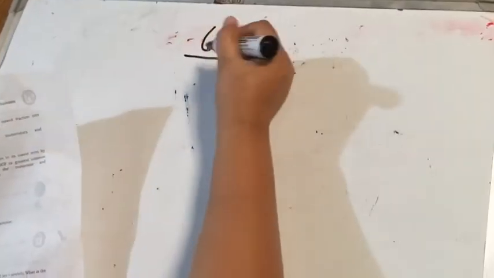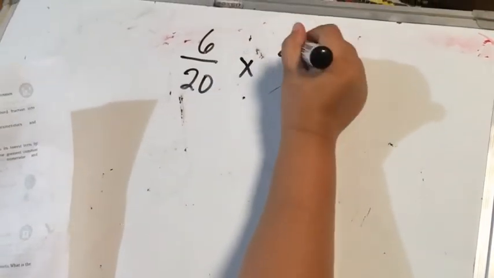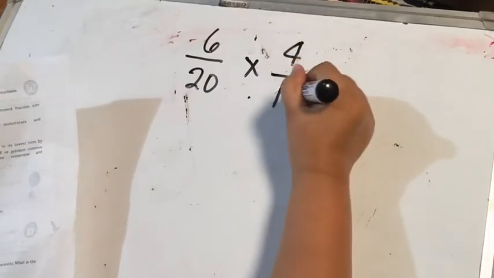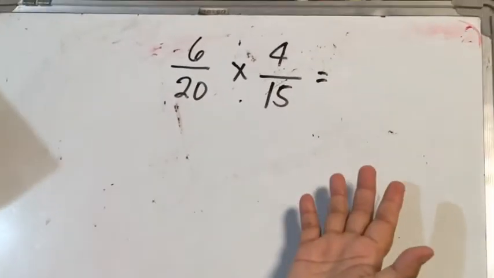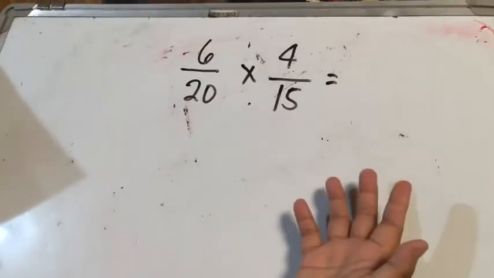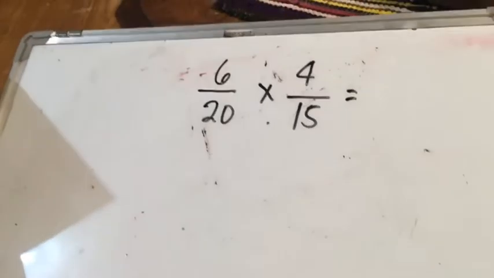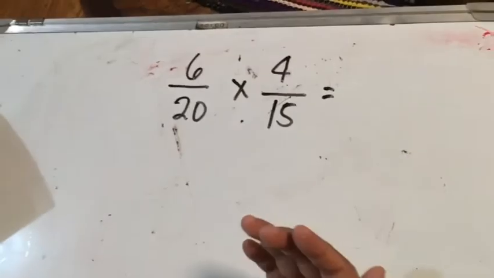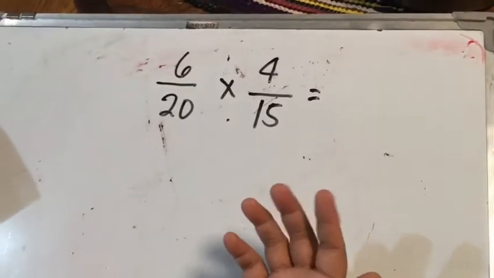Okay. How about if we're going to multiply like this? 6/20 times 4/15. As I've said, when both are proper fractions, we can directly multiply. But if it's a combination involving a mixed form, we have to change the mixed form into an improper fraction.